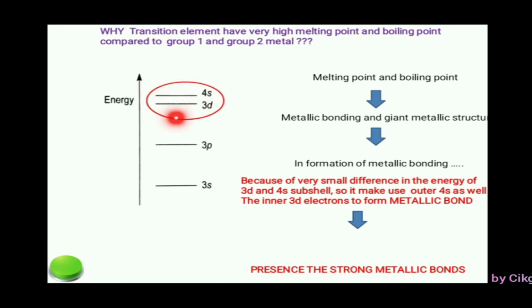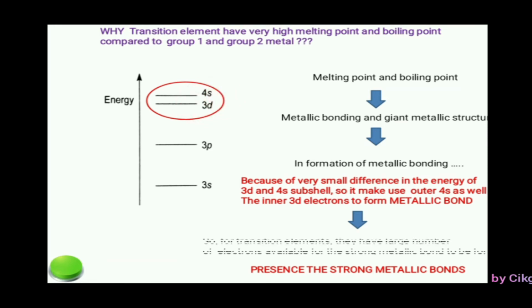Because of the small difference, the formation of metallic bonds involves both the 4s orbital and 3d orbital. So for transition elements, they have a large number of electrons available for strong metallic bonds to be formed.